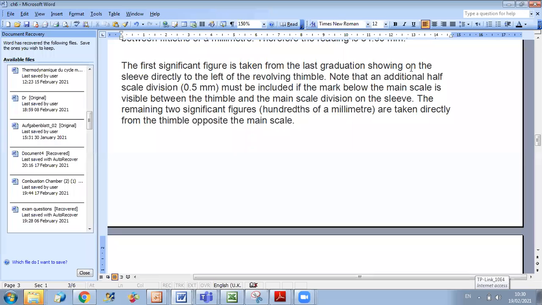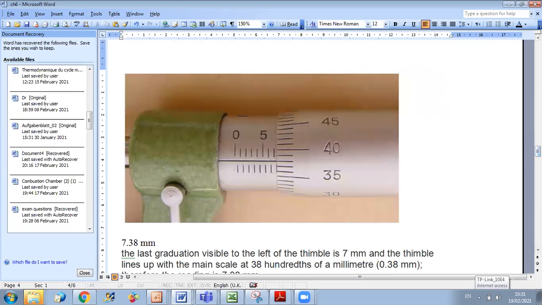Note that an additional half-scale division, 0.5 millimeter, must be included if the mark below the main scale is visible between the symbol and the main scale division on the sleeve. The remaining two significant figures, which correspond to hundredths of a millimeter, are taken directly from the symbol opposite to the main scale. Let me explain in detail what I mean by that.